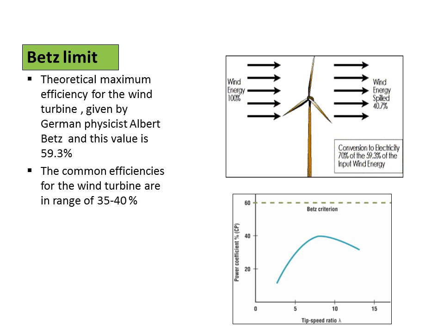This means that at most only 59.3% of the kinetic energy from the wind can be used to spin the turbine and generate electricity. In reality, a turbine cannot reach the Betz limit, and common efficiencies are in the range of 35 to 40%.